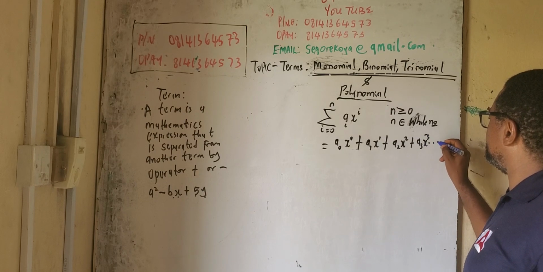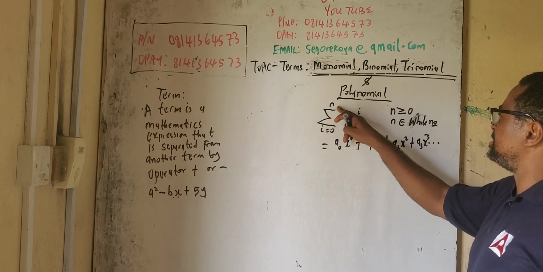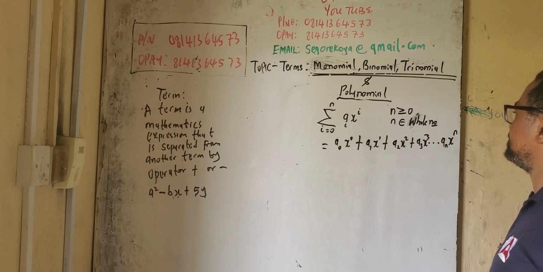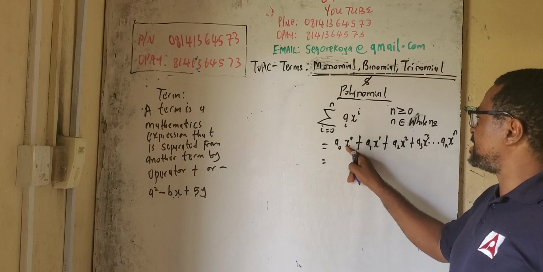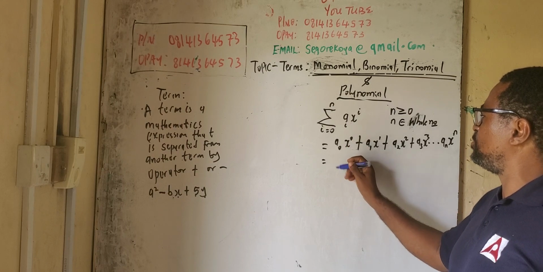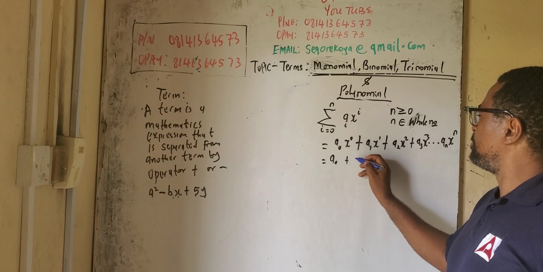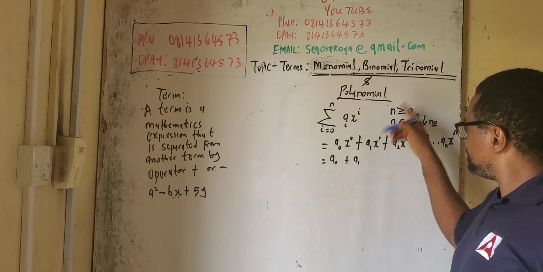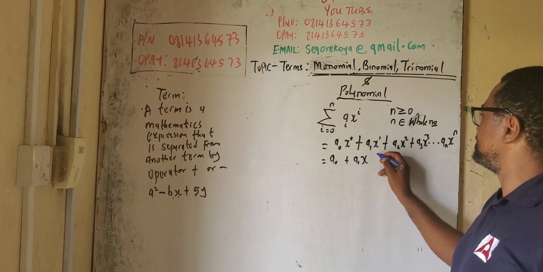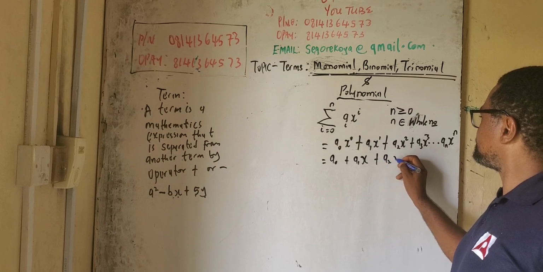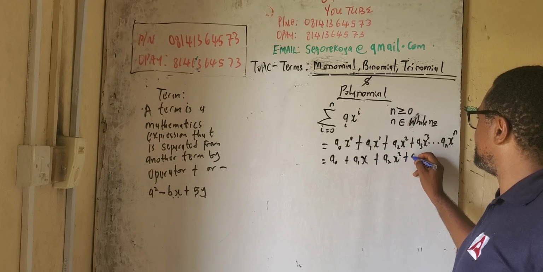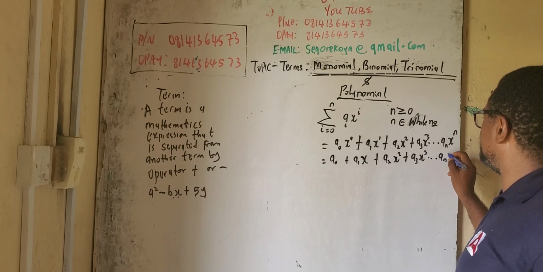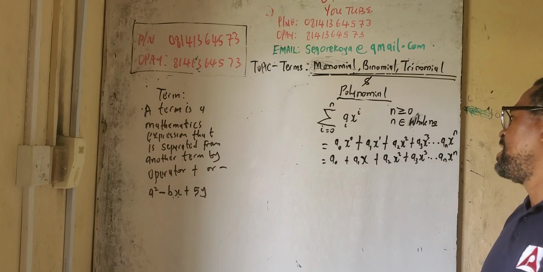Then this will continue until i reaches n, so it's going to be an x raised to power n. In mathematics, anything raised to power 0 is 1, so this simply means a0, plus a1 x, since a power of 1 means we can leave it out, plus a2 x raised to power 2, plus a3 x raised to power 3, and so on, up to an x raised to power n.